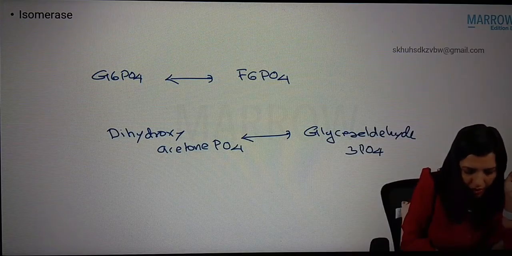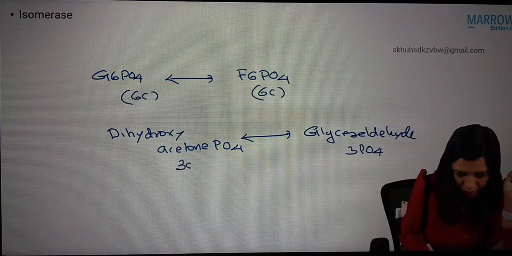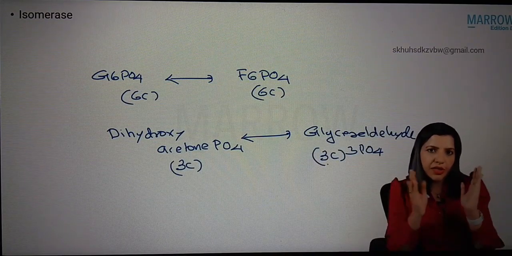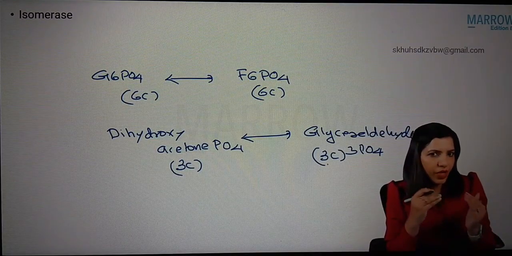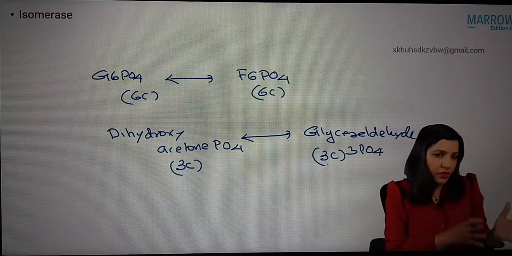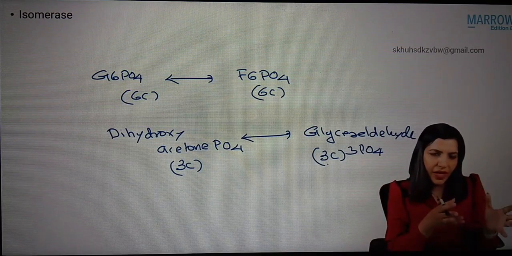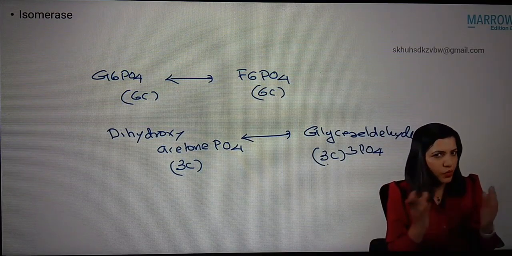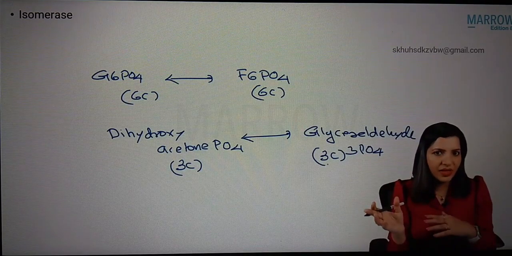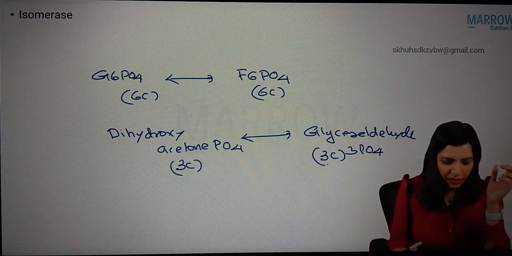In all these reactions, a 6 carbon is converted to a 6 carbon, and a 3 carbon is converted to a 3 carbon. It is the production of an isomer, where the molecular formula, whether glucose 6-phosphate or fructose 6-phosphate, has the same number of each atom in both the substrate and the product. But the difference is they are isomers, right?